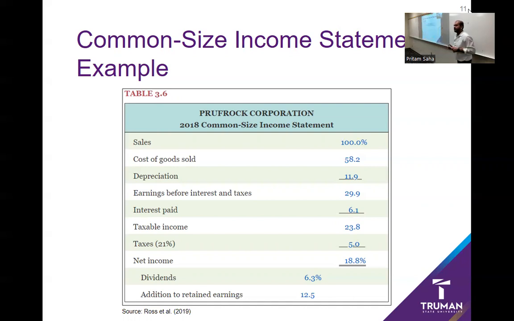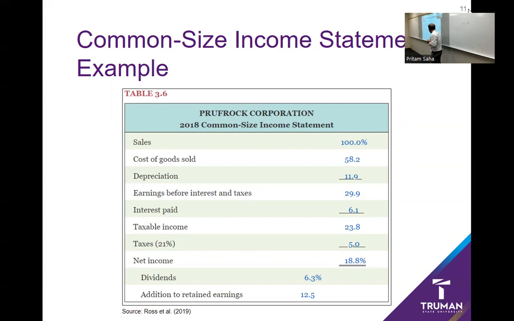When you convert our EBIT or operating profit in terms of sales, this is known as operating profit margin. We can say that by doing the business, the corporation is generating around 30% of operating profit in terms of sales. 6% of the sales goes to interest payment.